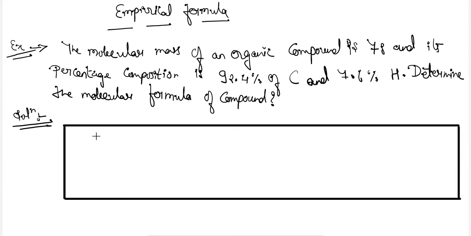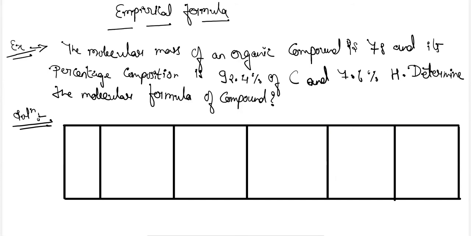We are taking six columns: 1, 2, 3, 4, 5 and 6. These are the six columns which we are going to use. The first column is for the elements.